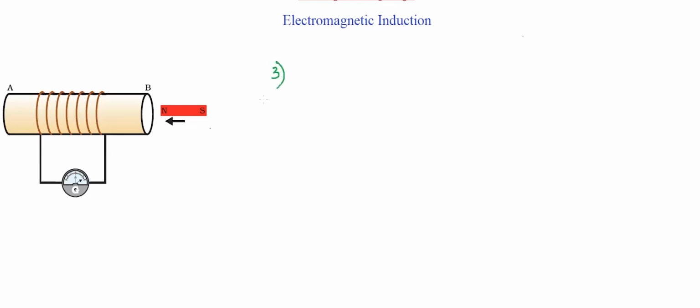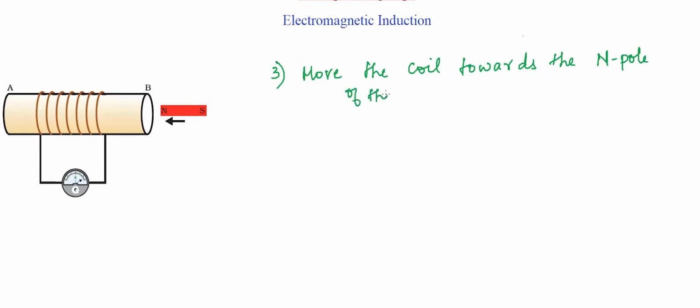We move the coil towards the north pole of the magnet, keeping the magnet stationary.